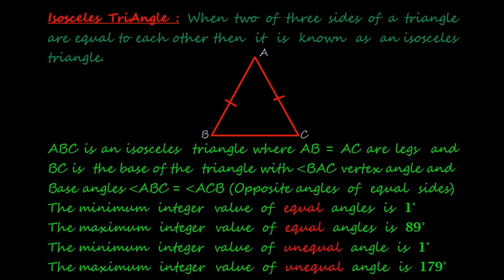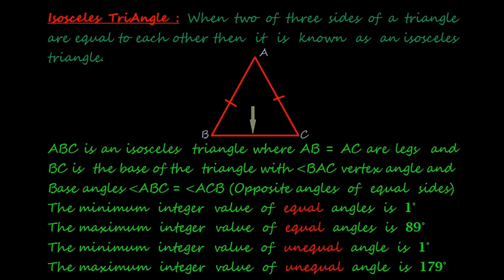Here, the minimum integer value of equal angles is 1 degree and the maximum integer value of the equal angles is 89 degrees. Similarly, on the other hand, the minimum integer value of unequal angle is 1 degree and the maximum integer value of the unequal angle is 179 degrees.